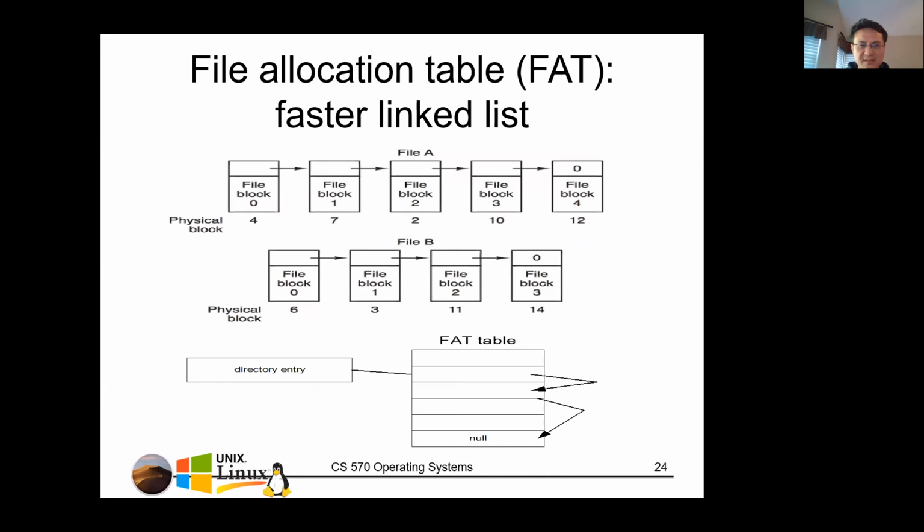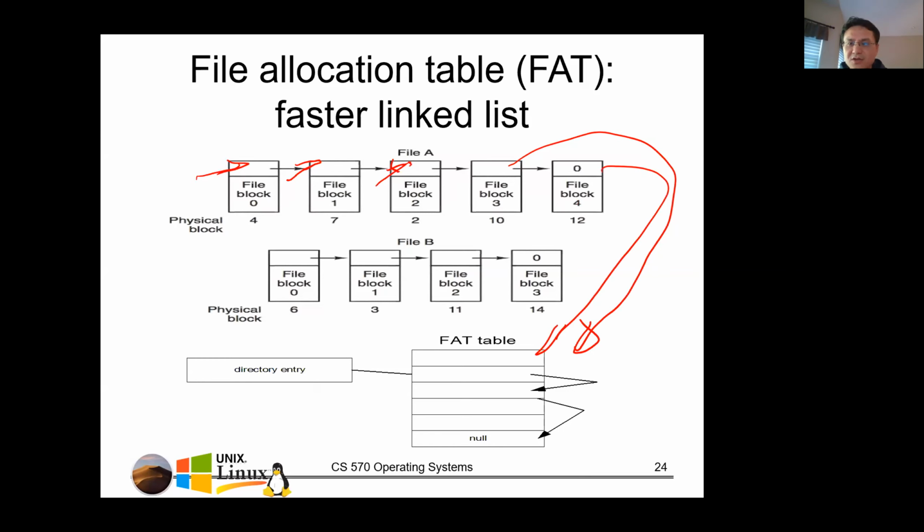Essentially it's a variation of the linked list, a faster version of it. Rather than putting all these pointers in the physical blocks, we extract them and put them into a separate data structure, the file allocation table.